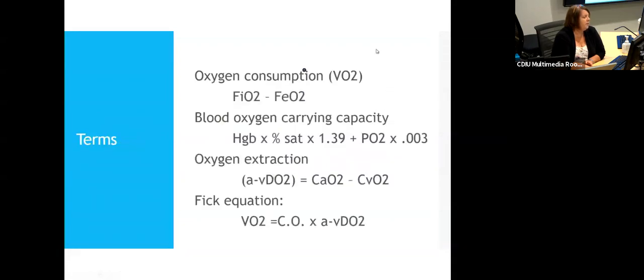Interesting. I'm just going to throw out some terms, because one of the things that we can do is determine by measuring some of these things and using the Fick equation what your VO2 is. VO2 is your oxygen consumption.